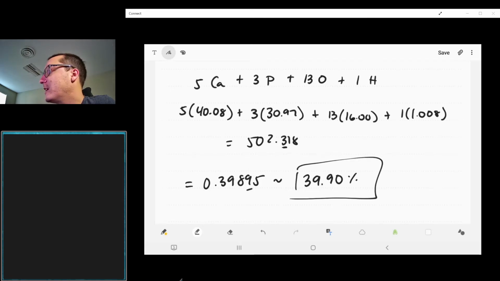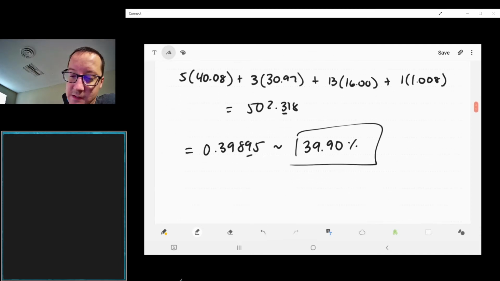Alrighty, we can do number 2 from this exam too, because that is also going to take care of our empirical formula business. So let's go ahead and do that.